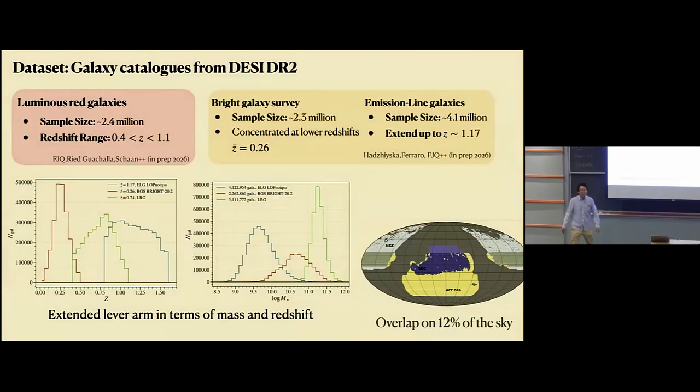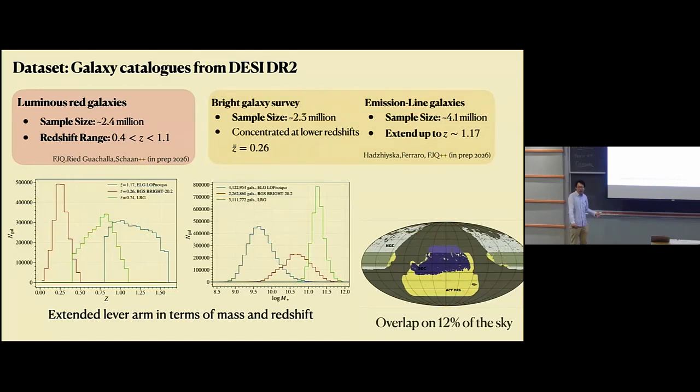We have the luminous red galaxies that cover a redshift range from 0.4 to 1.1. In this analysis, we're also including the BGS sample and the emission line galaxies. Here is the overlapping footprint between DESI and ACT, which constitutes 12% of the sky.